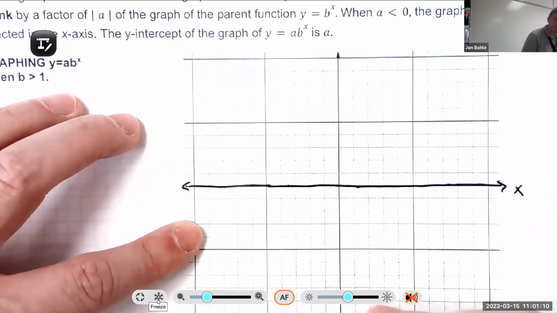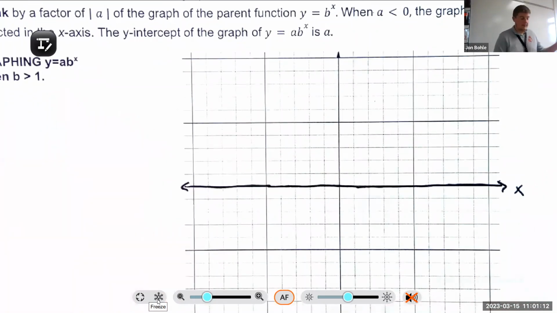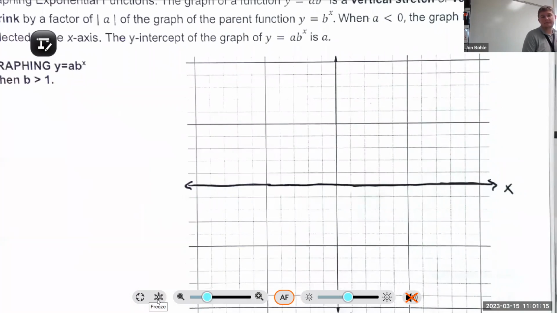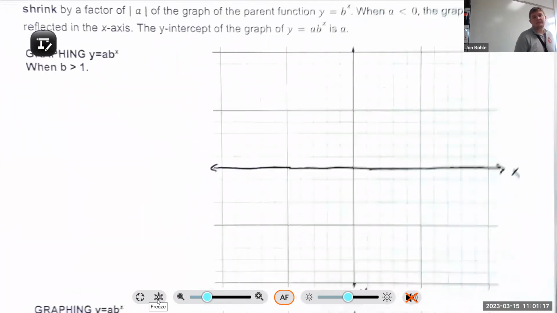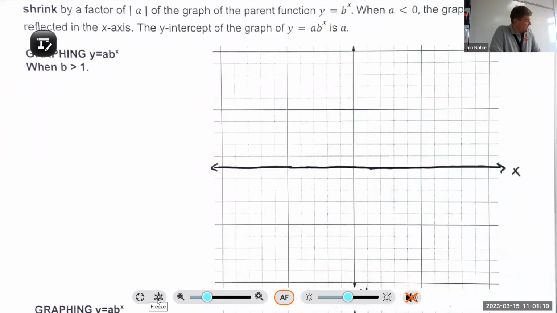The y-axis is kind of already there. And I'm going to sketch you some exponential functions with just some important parts.